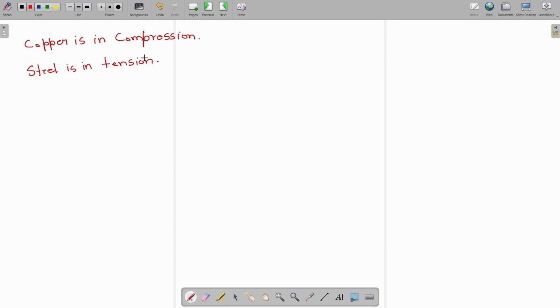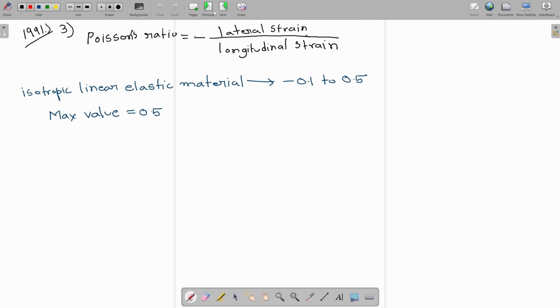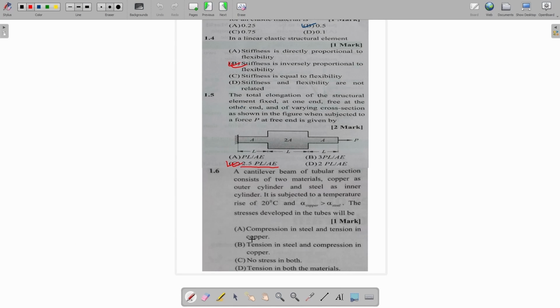Now this phenomenon will reverse if the temperature is decreased. Therefore, the answer will be tension in steel and compression in copper.